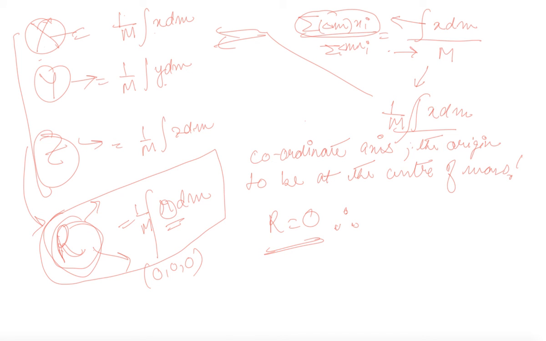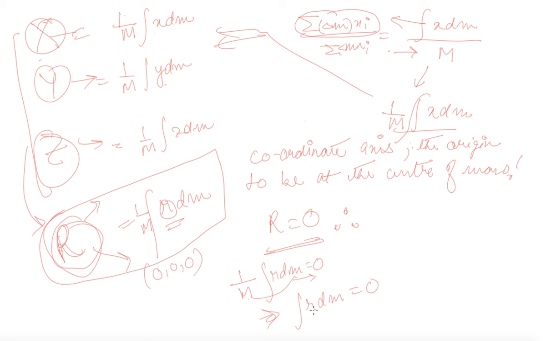as I've mentioned in my previous videos, that we can choose the coordinate axis to our own convenience. So if I've chosen the coordinate axis in a position where the center of mass lies, the r becomes 0. So 1 by m integration of r dm equals 0. This implies m goes over here: integration of r dm equals 0, because m gets multiplied with 0, the result is 0.